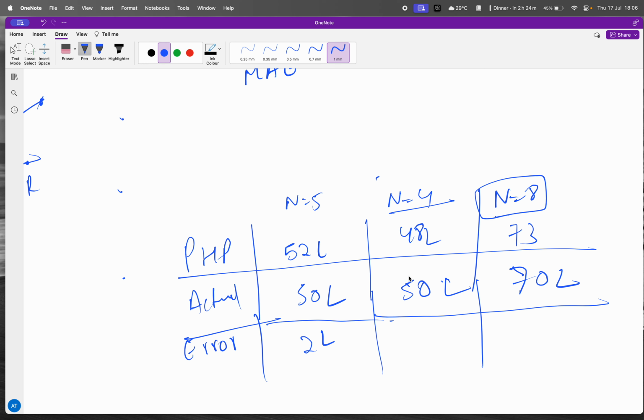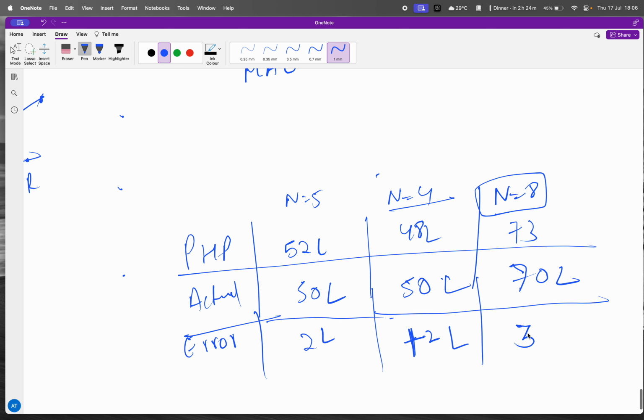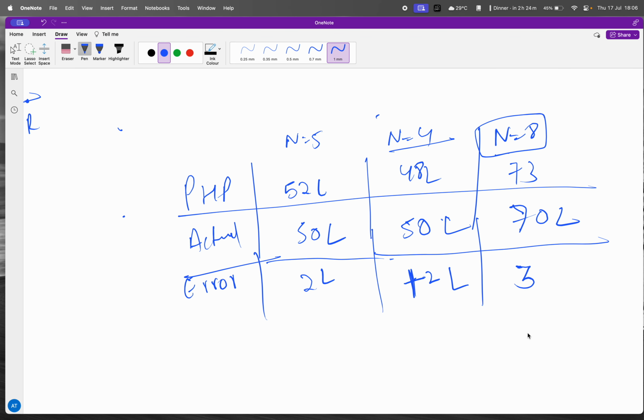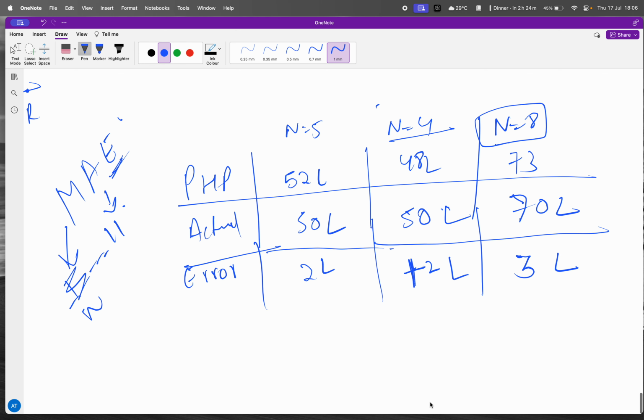Over here, minus 2 lakh, but we have to take the mod, so it will become plus 2 lakh. Over here, again 3 lakh, but negative or positive doesn't matter, 3 lakh. You have to check the absolute value, right? Absolute means mod. We are talking about mean absolute error. Absolute is nothing but mod. Mean means 1 by n times the summation of whatever the values are, and error means error. So the errors are 2 lakh, 2 lakh, 3 lakh, right?